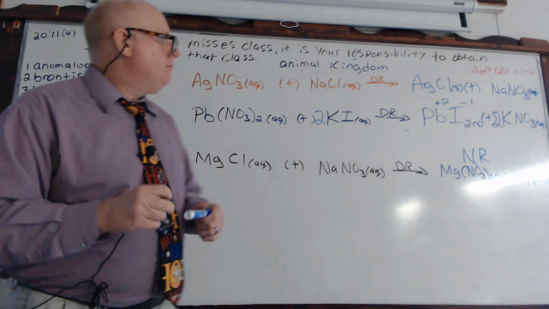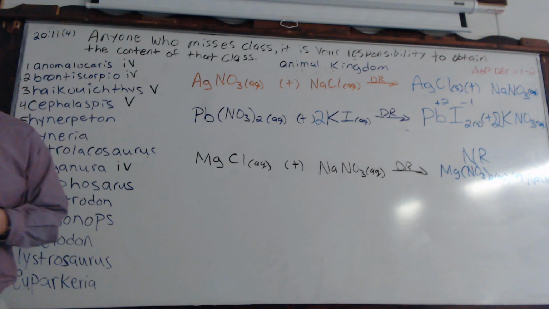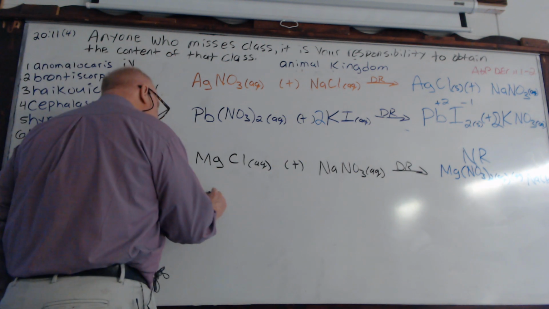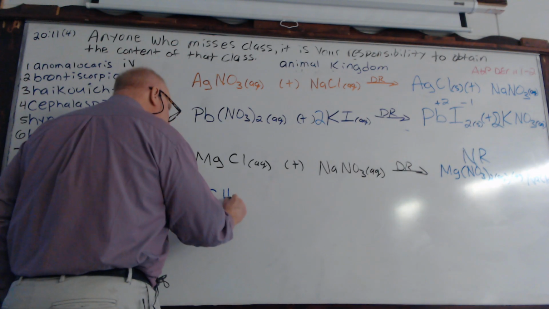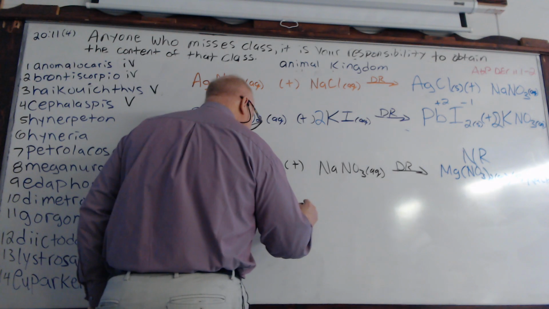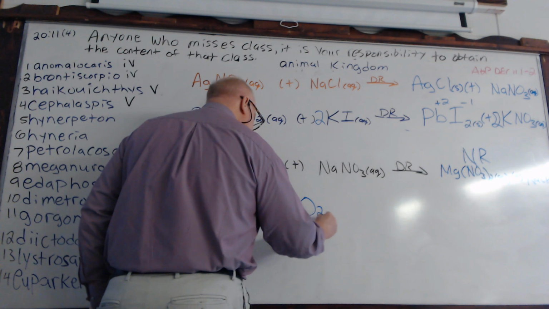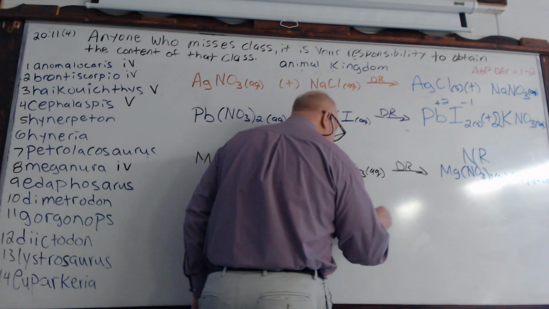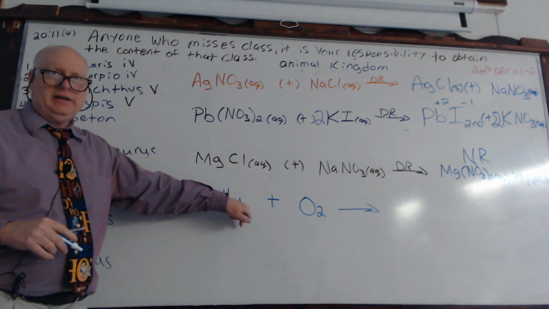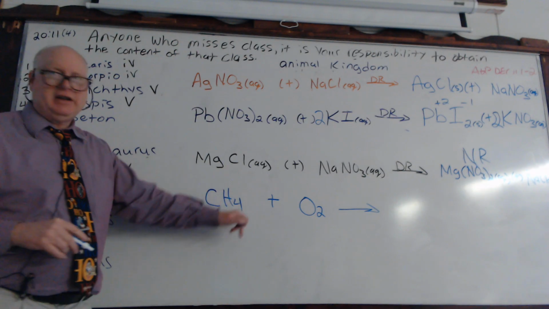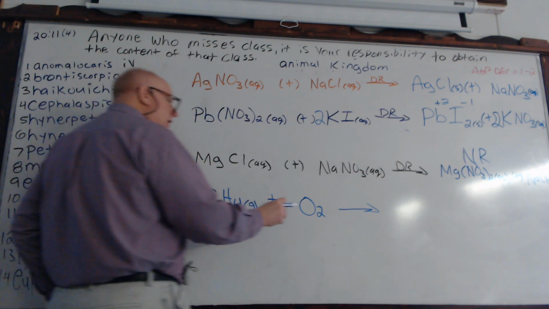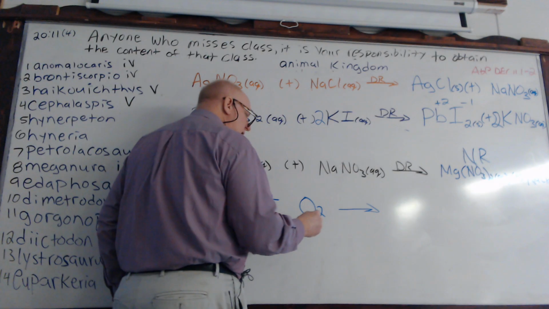Okay? Because we do have liquids then as well, and an example of that would be something like this. Methane. What is that? That's a gas. Okay? So oxygen is what?